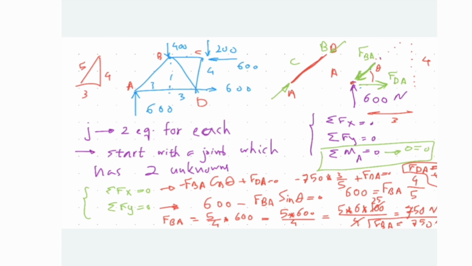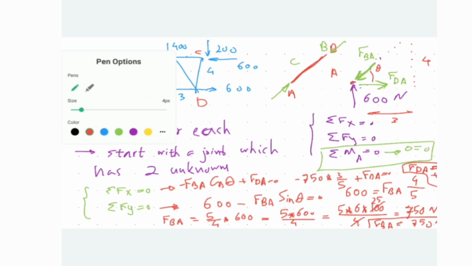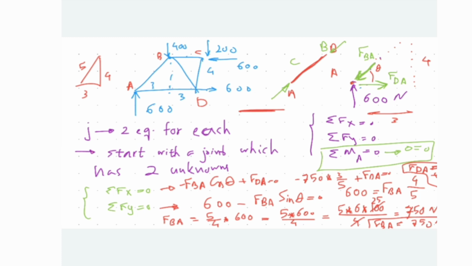How about DA? If we do the free body diagram of that link, you're seeing that this force is what the link AD is applying on the pin A. These are two different things. Pin is different from the link. FDA is what is applied by the link AD on this pin.